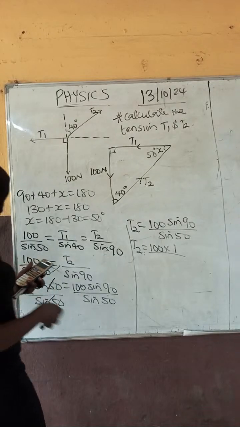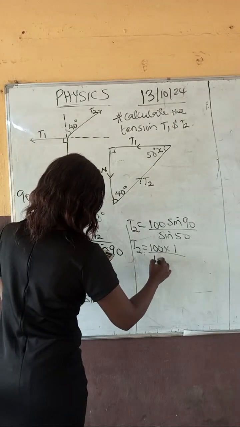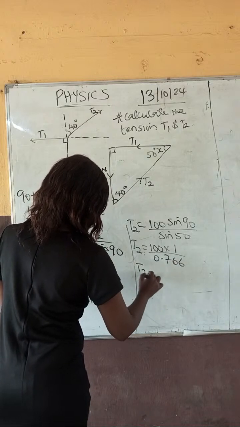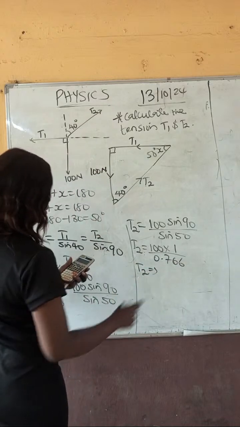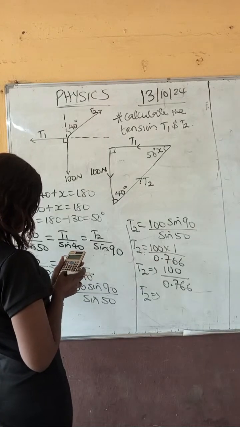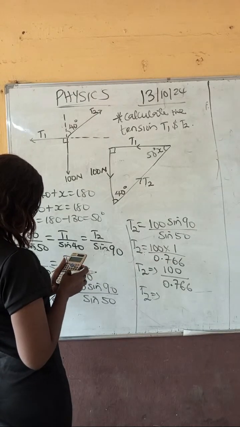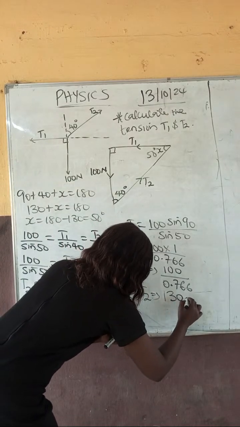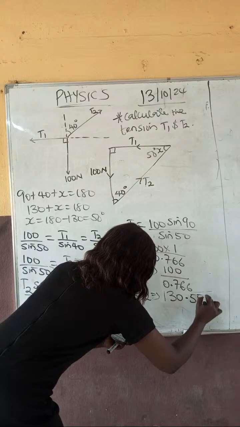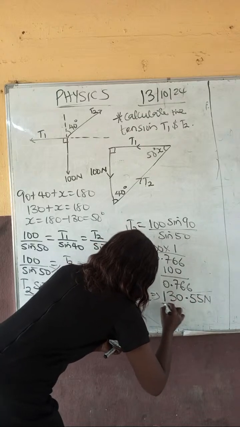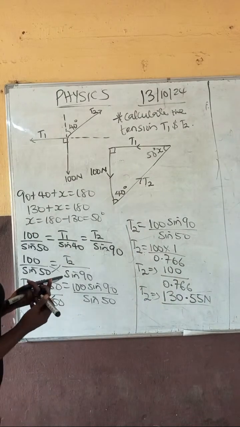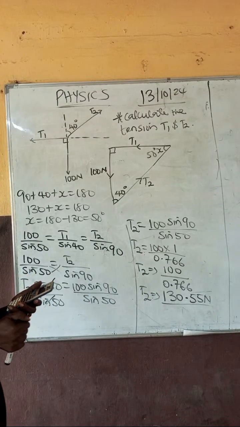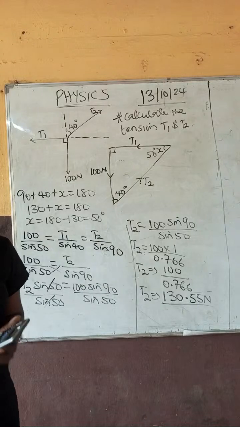Sine 50 is 0.766. Okay? So 100 divided by 0.766, the answer is 130.55 Newton. The answer for the second tension T2 is 130.55 Newton. I hope you understand that.